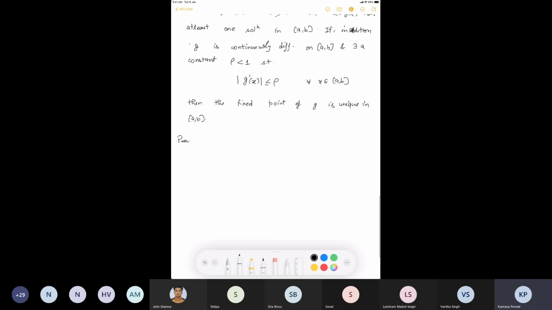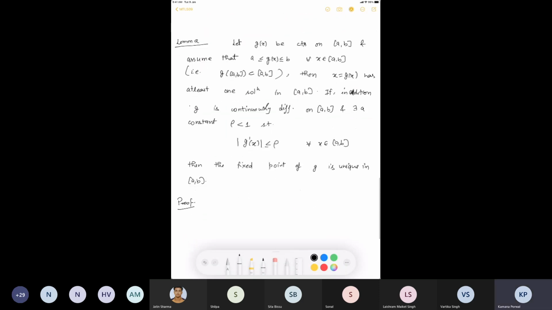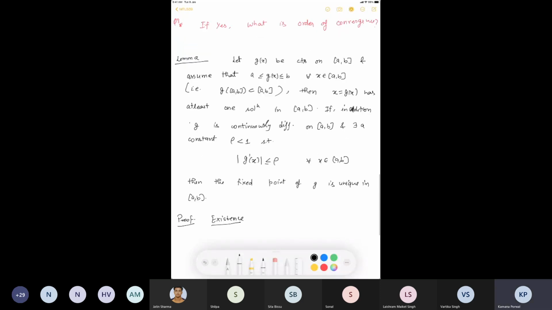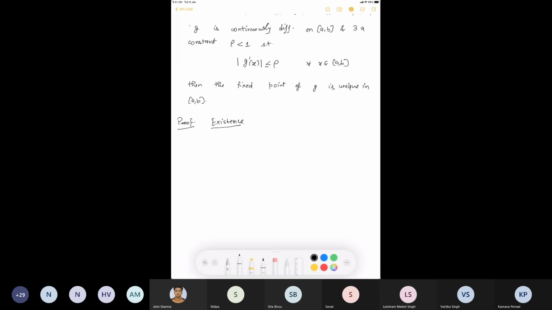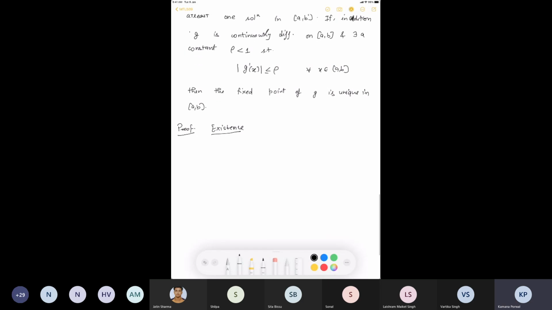Okay, so let's try to prove this. The proof is very simple. Let's just try to see the existence part first. For the existence part, what is given, I'm just going to use the information that g sends the interval [a, b] to [a, b]. That is, if x is in the interval [a, b], then g(x) is also going to lie in the same interval. Now we have to show that there is going to exist at least one fixed point in that interval.